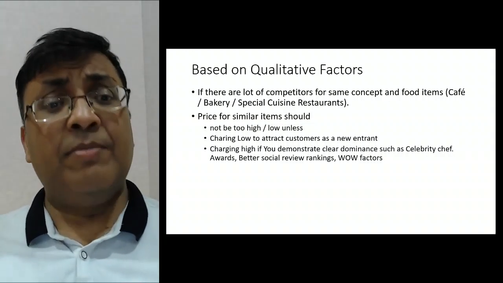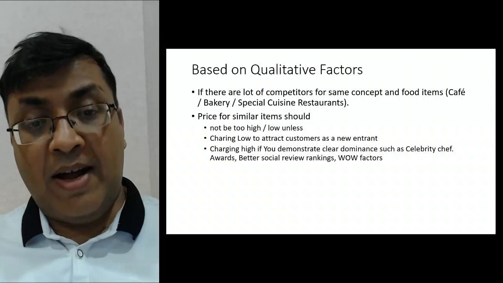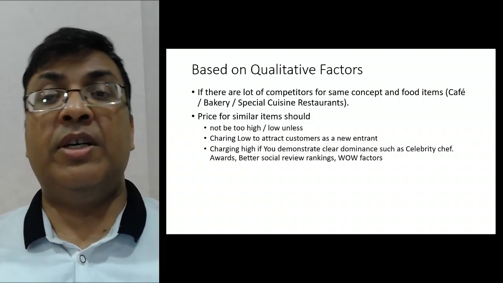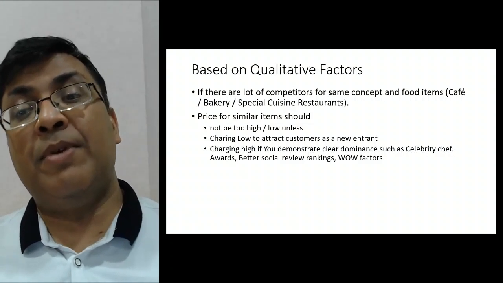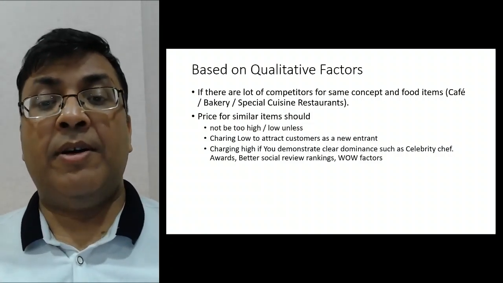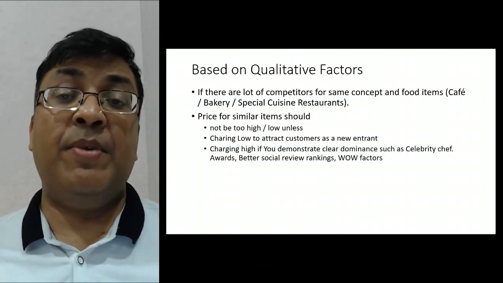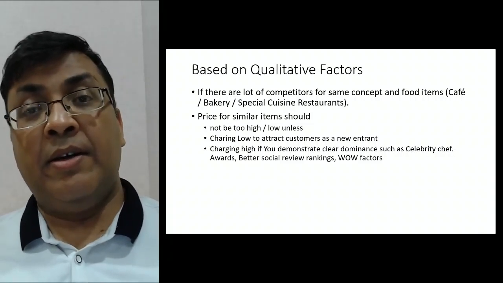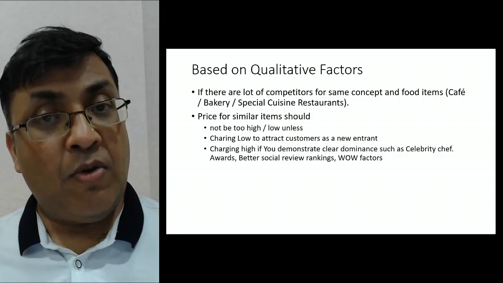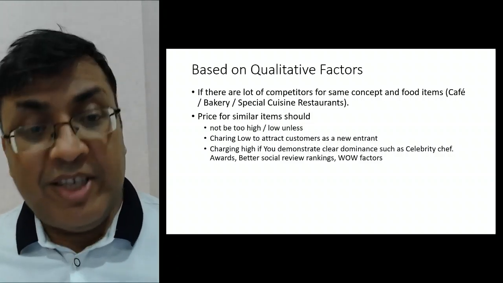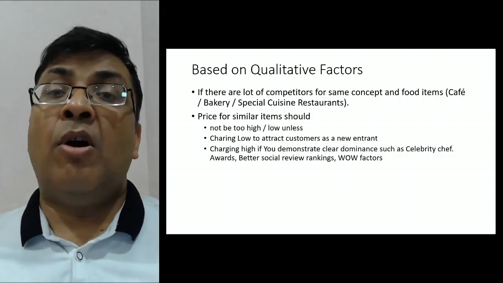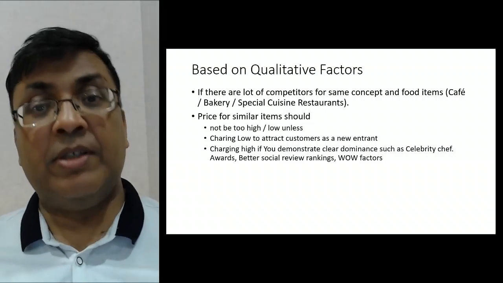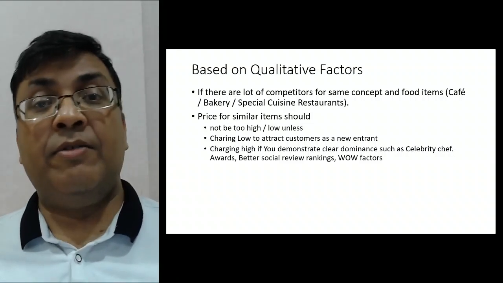For similar items, you may charge higher than your competitors in case you are able to demonstrate certain premium factors. For example, maybe you have a celebrity chef, maybe you won a lot of awards in the chef competitions, in the quality competitions. You are a Michelin star restaurant, or you have very attractive locations, other amenities which you are providing.